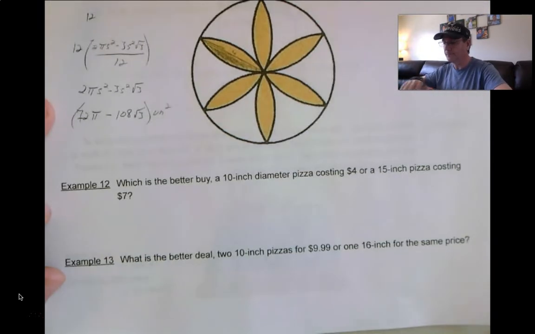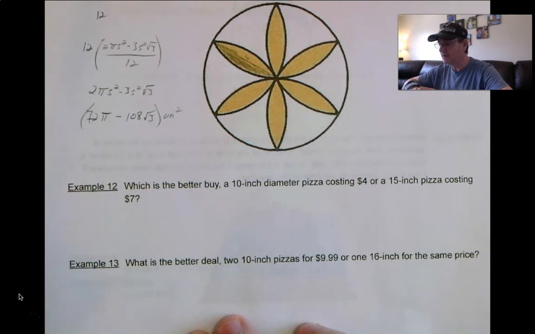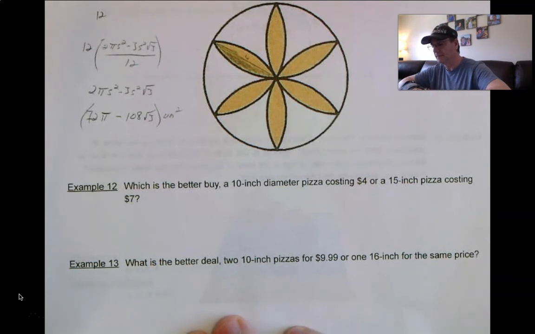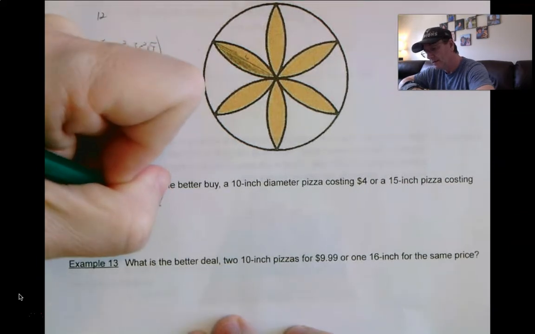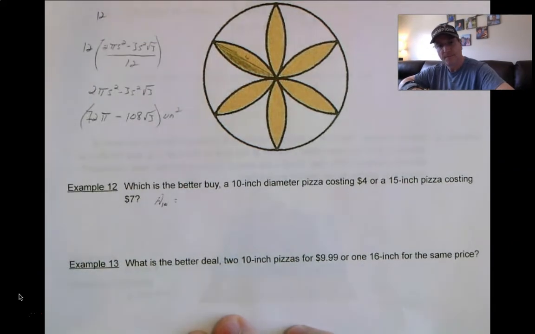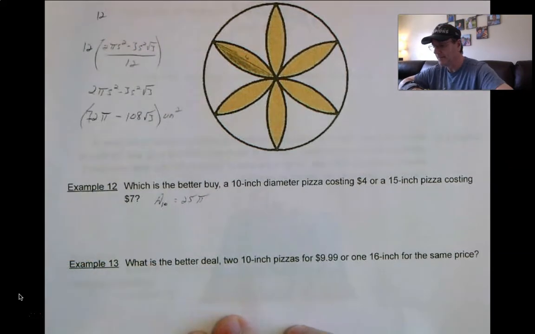Okay. Example 12. Which is a better buy? A 10-inch diameter pizza costing $4 or a 15-inch pizza costing $7? Okay. So if it's a 10-inch diameter pizza, then what's the area of the 10-inch pizza? The radius is 5, the area is 25 pi. And that costs $4.